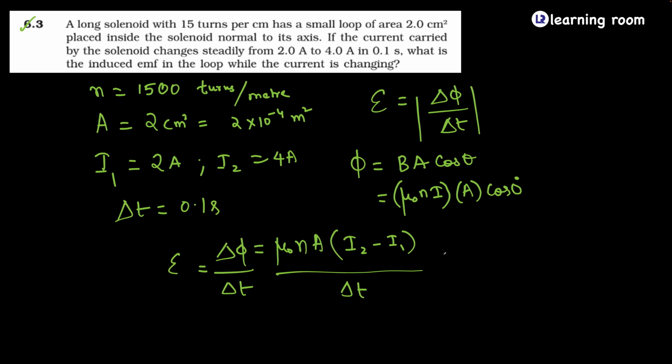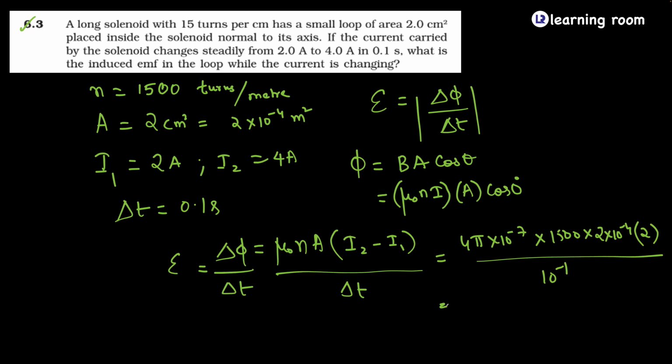So mu naught is how much? 4 pi into 10 power minus 7, into N is 1500. So 1500 into what is the area? 2 into 10 power minus 4, into I2 minus I1, which is 2. The whole divided by time, which is 0.1. So 0.1 is 10 power minus 1.